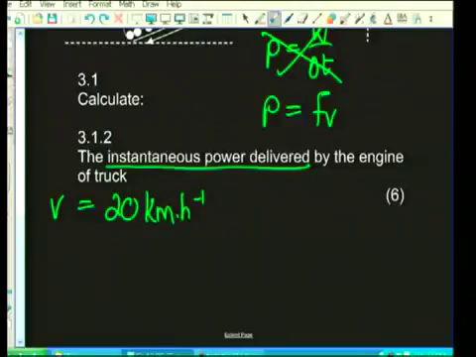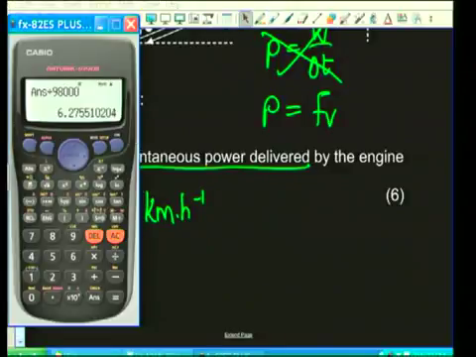To go from meters per second to kilometers per hour, we times by 3.6. So let me show you. 20 divided by 3.6 is 5.556.